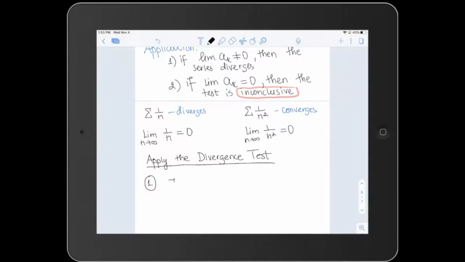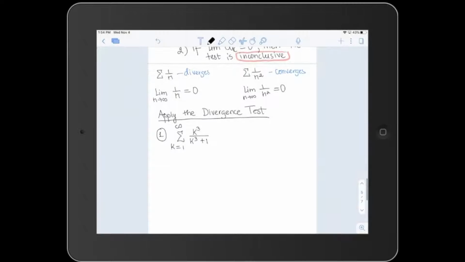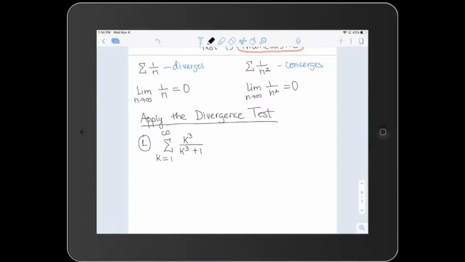This one says I have the summation of k cubed over k cubed plus 1, and my index runs from 1 to infinity. So what am I adding here? If I just read out a couple of terms just to get an idea, if k is equal to 1, then I get 1 over 2, right? And then k is equal to 2, so that's 8 over 9.